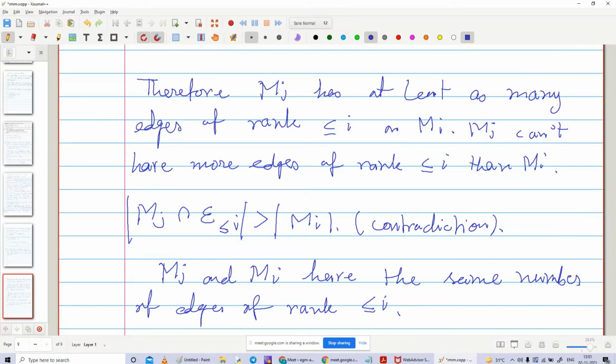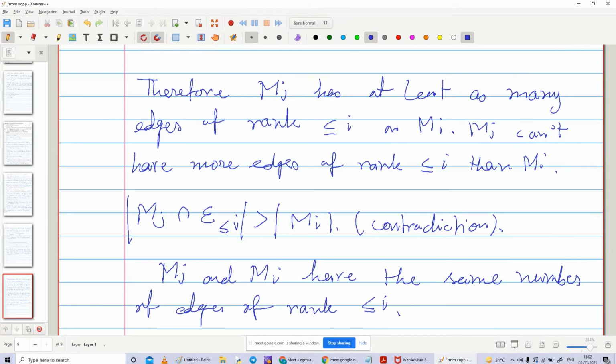So Mj intersection this will be a matching in G prime I. Okay, this will be a matching in G prime I, because the edges that are matched in Mj will be of type OE, not OO or OE, right?